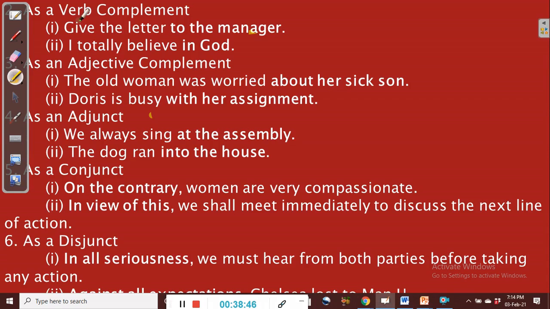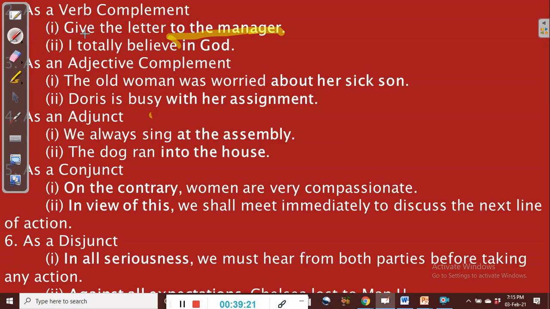Now, the next one is a prepositional phrase functioning as a verb complement. Now, for example, give the letter to the manager. Now, you can see to the manager is a prepositional phrase here. It is functioning as a verb complement because it's telling us about give.